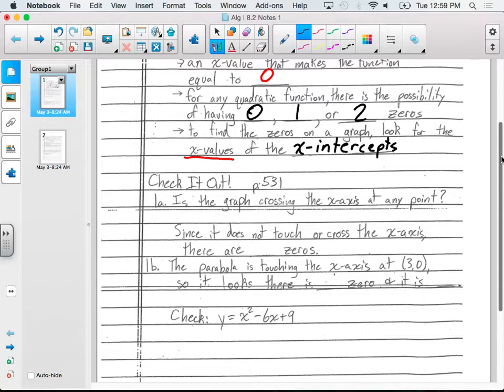It says, find the zeros of each quadratic function from its graph. Then after we find it, we have to check it. Right now we're just going to be dealing with number 1A. Looking at that graph, what would the zeros be if there were any?